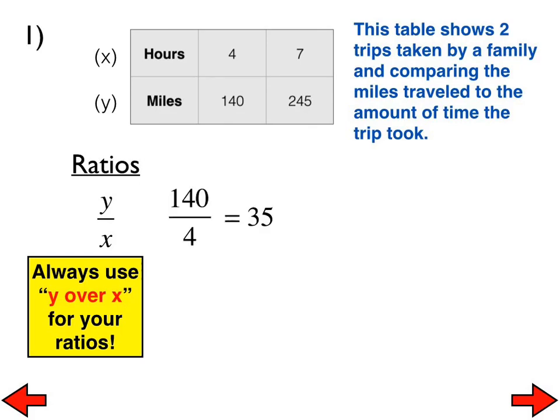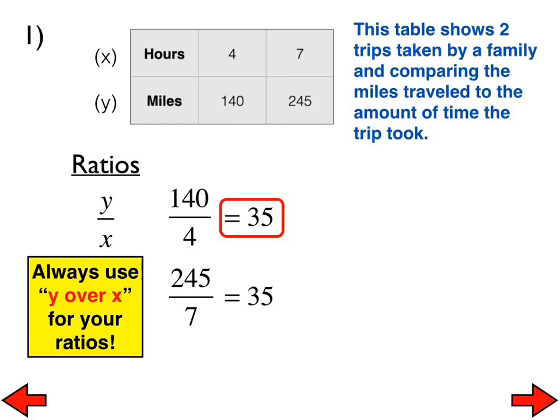So 140 over 4, that simplifies to 35 over 1, or 35. Okay? And all I've done is I've taken the first situation from the table and written it as a ratio. Let's take the second situation. I would like you to simplify that and tell me if we end up with the same thing. I'll give you about 30 seconds.